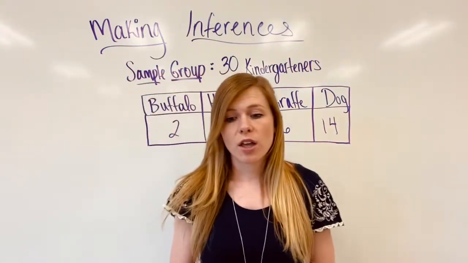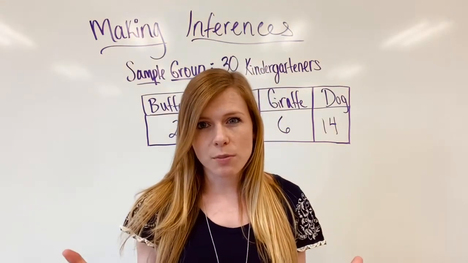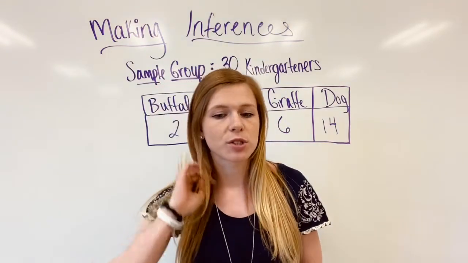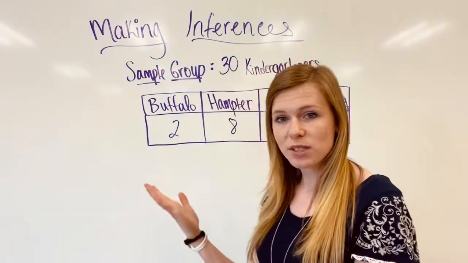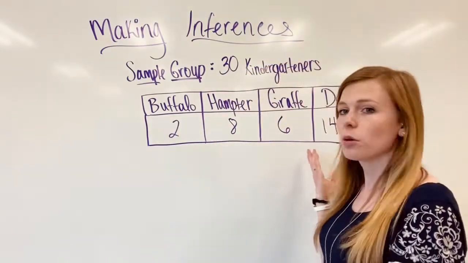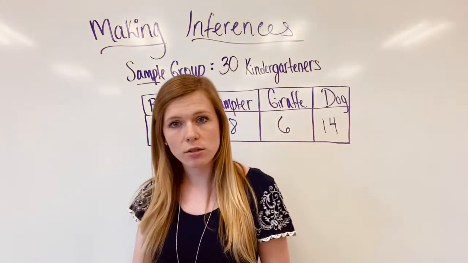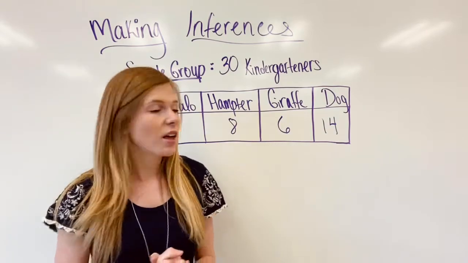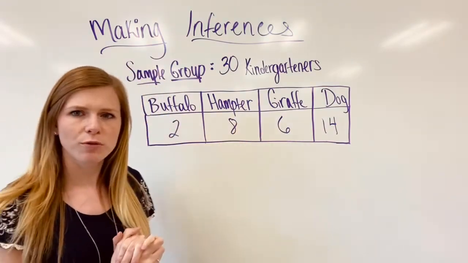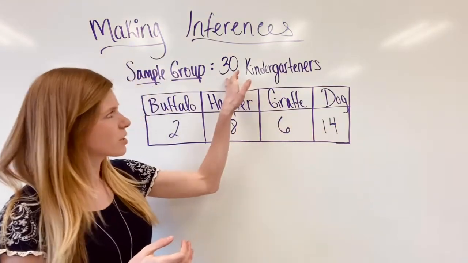Now, if you're just asked to make some inferences about this data, here are some inferences you could make. 1, you could look at this and just simply say, it looks like most of the students liked dogs. That's a correct statement. You could also say that it looks like almost half of the students preferred dogs. 14 is almost half of 30.